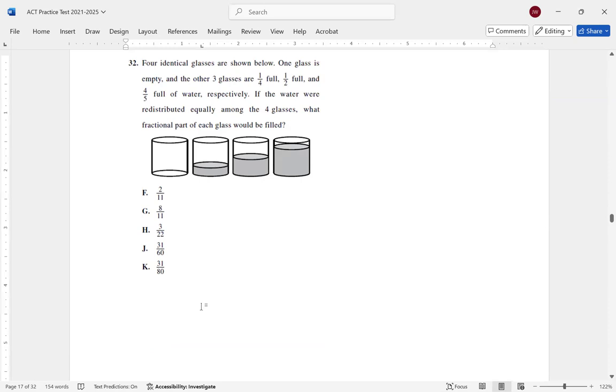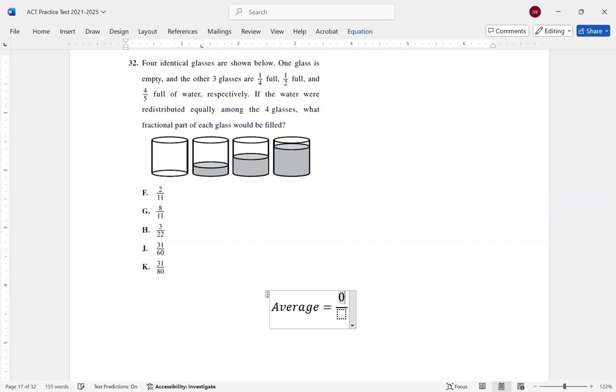Question 32. 4 identical glasses are shown below. One glass is empty, and the other 3 glasses are a quarter full, a half full, and 4/5 full, respectively. If the water were redistributed equally among the 4 glasses, what fractional part of each glass would be filled? So redistribute equally means that we're going to take the average, and so each glass is going to get the average amount.